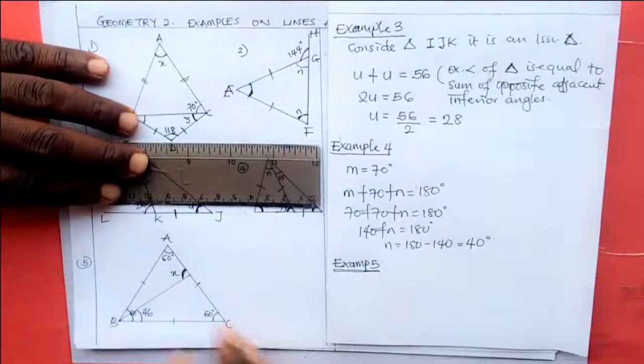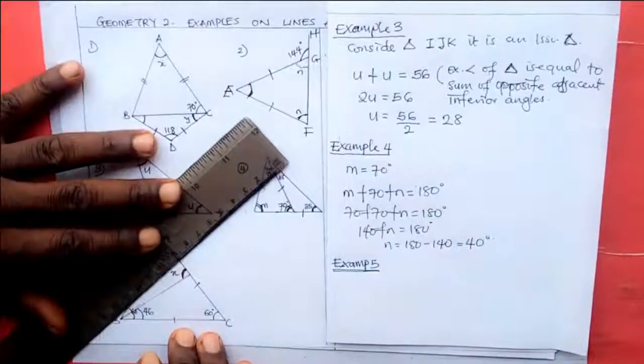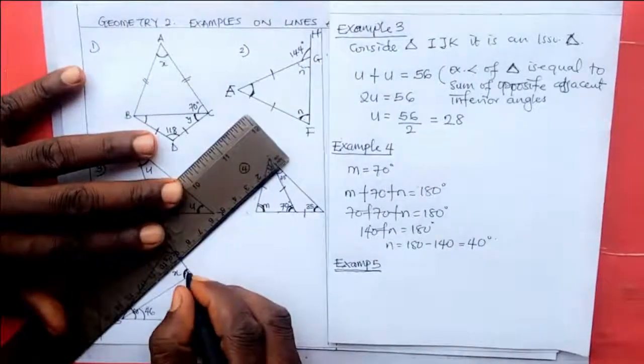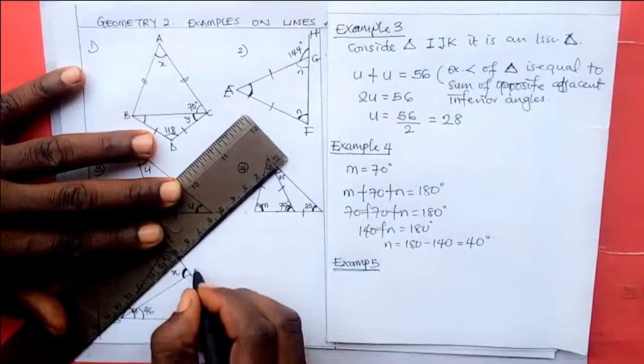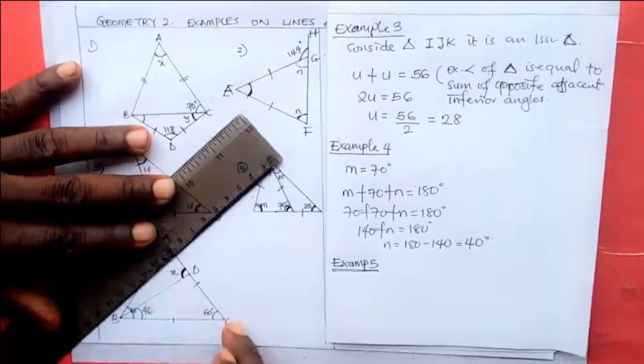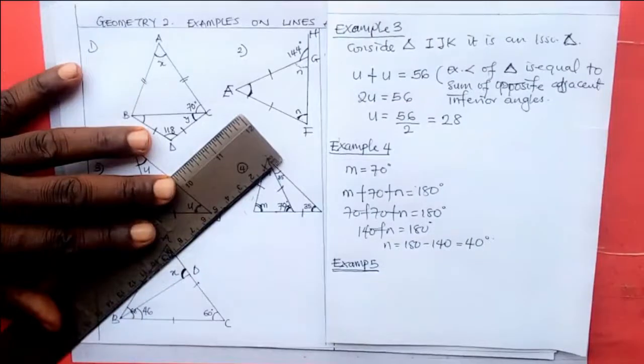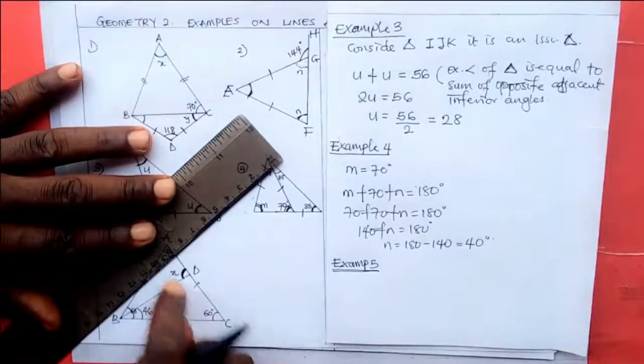How can we get it? Considering this smaller triangle, this angle x is an exterior angle to triangle DBC. So the sum of the opposite adjacent interior angles must be equal to x. So 46 plus 60 is equal to x.